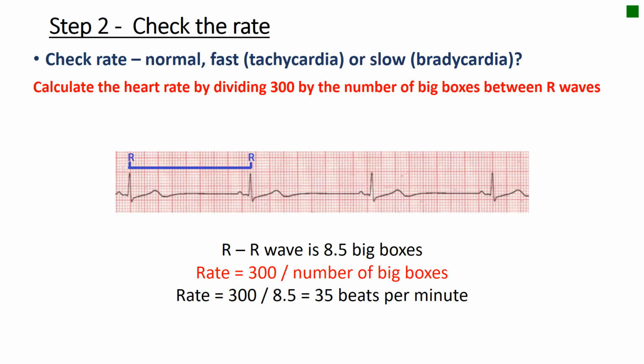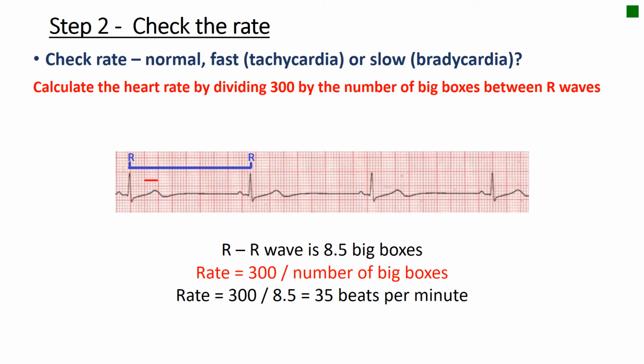So here we have an ECG where we want to check the rate. Is it fast, normal, or slow? So an easy way to do this is to measure the number of big squares, the 5 small squares in a big square.